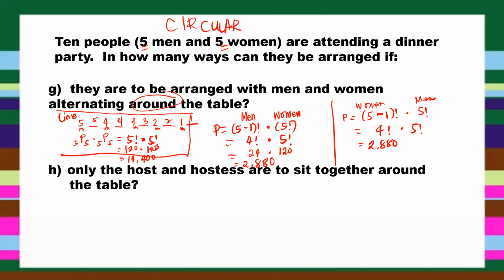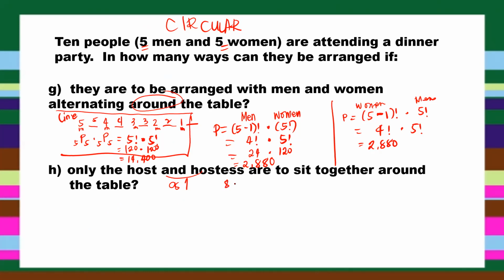Okay? How about if the host and the hostess are going to sit together around the table? So, instead of having them as separate, we will consider them as one. So kung as 1 sila, 8 na lang yung people.